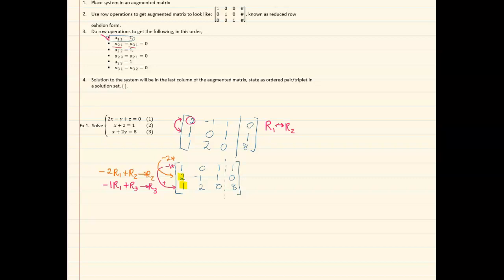So my next matrix will look like this. I'm going to show them to you in different colors so that you can see that. I'm going to keep my first row because I like that 1 right where it is. And then we're going to change row number 2, which I'm showing in orange. So I'm multiplying -2 times 1 and get -2, -2 times 0 and get 0, -2 times 1 and get -2, and -2 times 1 and get -2.